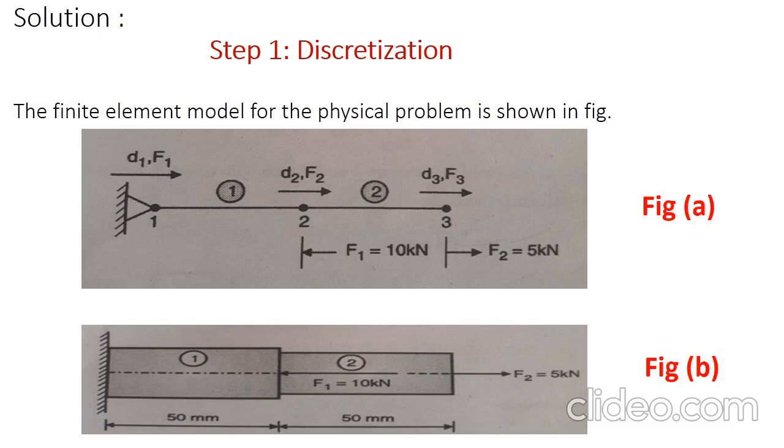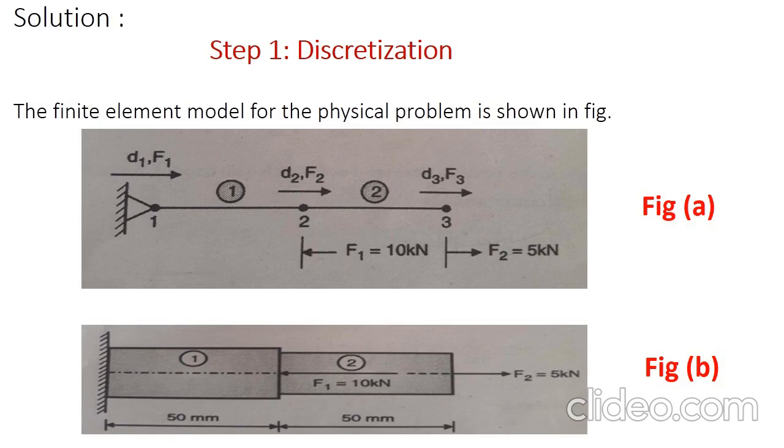Observe diagram B. In diagram B, we can observe that the extreme left-hand side is fixed. That's why the first element will be fixed at the extreme left side and we will consider that point as 1. So at point 1 we have a fixed support, that is, displacement will be 0 at point 1.